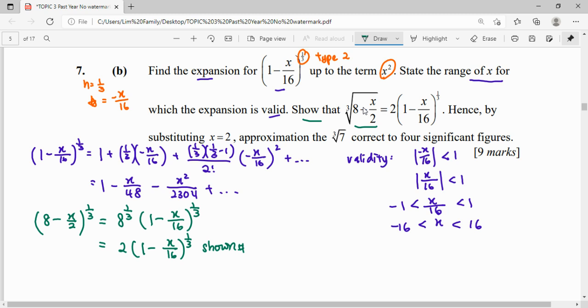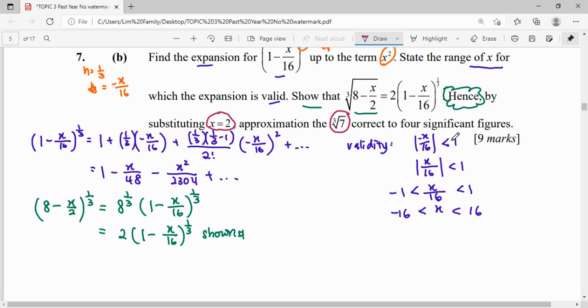Then after that, they say hence use whatever information we have done here, such as our expansion, our transformed form, and our validity. So hence, we are going to do our task number 4, which is to substitute x equals to 2 to find the cube root of 7, and we will round to 4 significant figures.